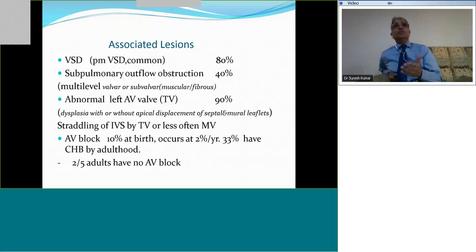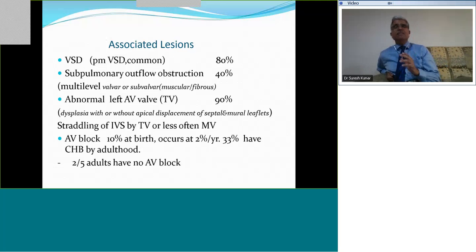What may be loosely called pulmonary stenosis is essentially a subpulmonary outflow obstruction on the right side. It's commonly multi-level, valvar, subvalvar. The subvalvar obstruction may be muscular or fibrous, quite often supravalvar also, because the main pulmonary artery is small.